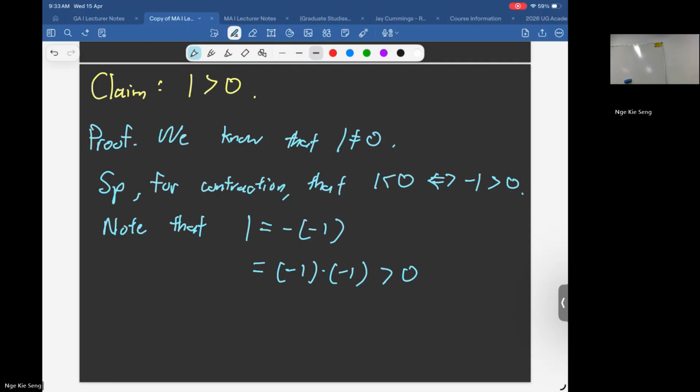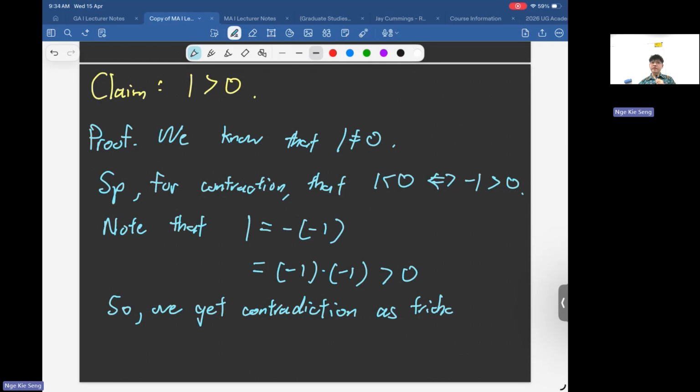So you get 1 less than 0 and 1 greater than 0 at the same time. Contradiction. Contradicting what? The trichotomy law only allows one inequality to happen.